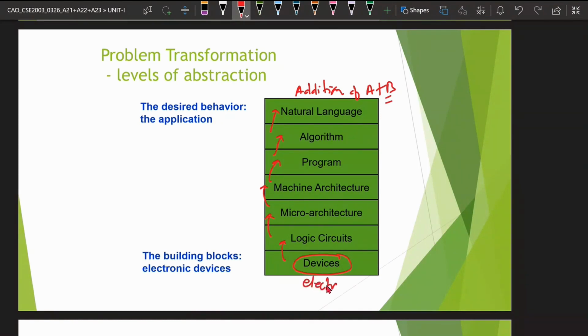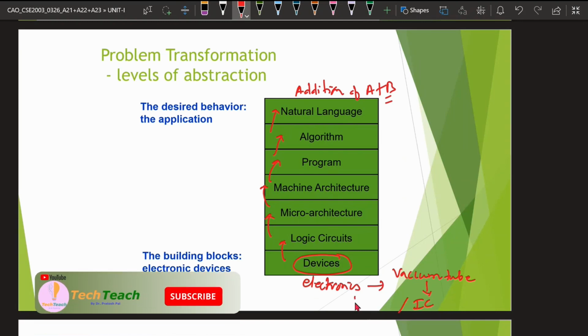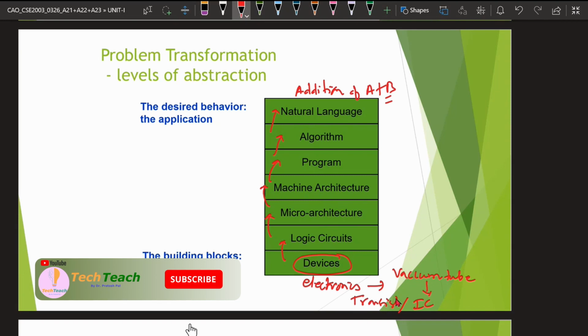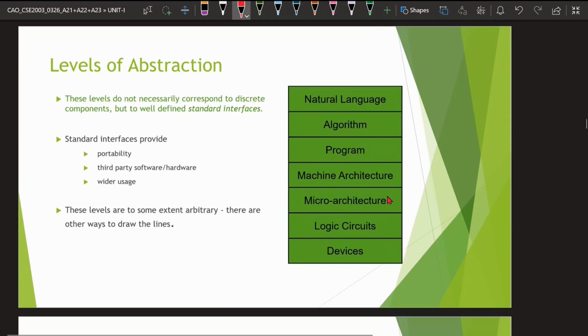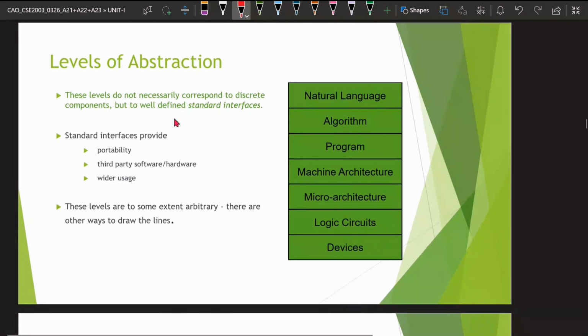Okay, so here the electronic devices can be, previously, vacuum tubes, and now ICs or transistors. Okay, these levels do not necessarily correspond to a discrete component, but to well-defined standard interfaces.